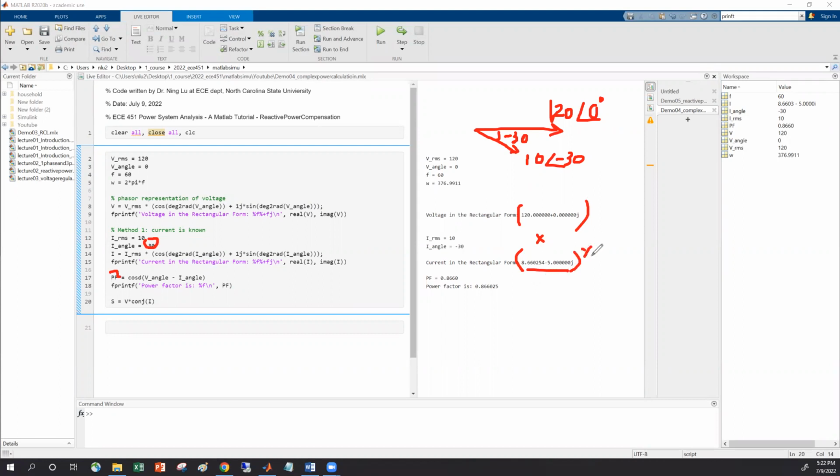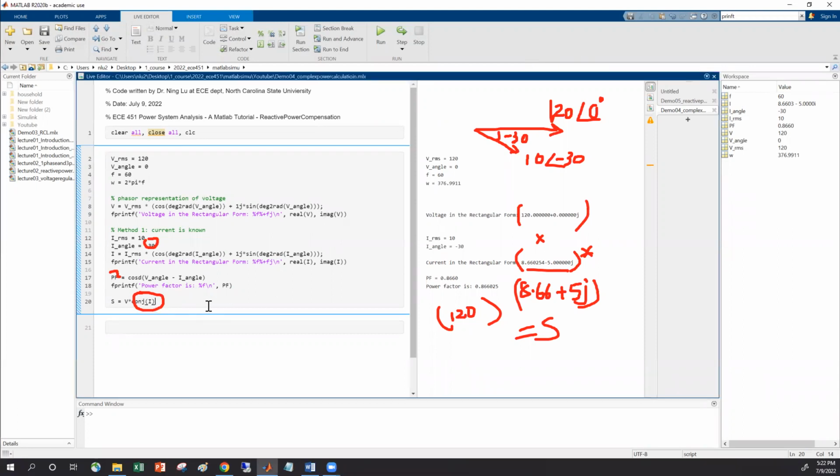Instead, I need to take the conjugate of it, so that it will be 8.66 plus 5j, and then times 120. So that is how I compute my complex power. A lot of students tend to forget that you have to use the conjugate of I. If you directly do V times I, that's incorrect. Okay, so if I do that, the other thing I can do is also print this out.